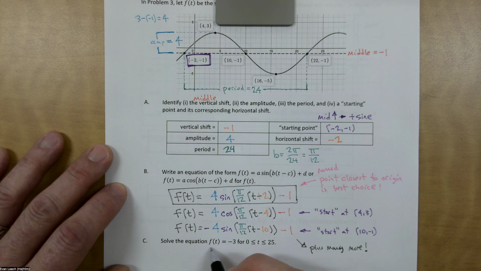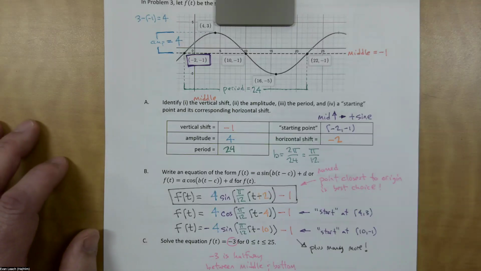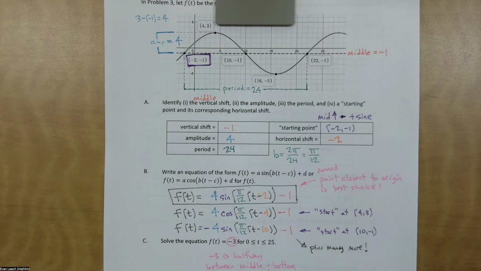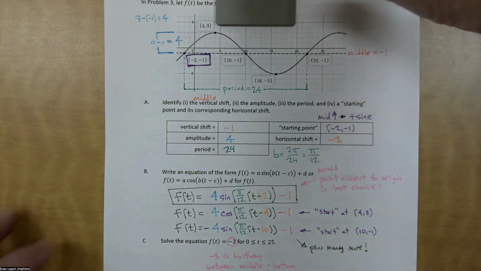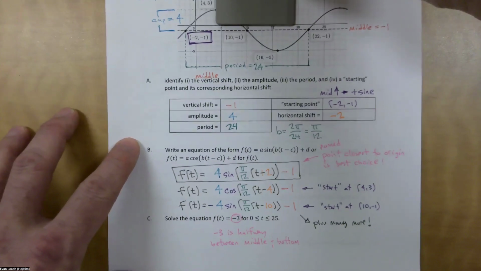So this particular value of output, -3, is halfway between the middle and the bottom.